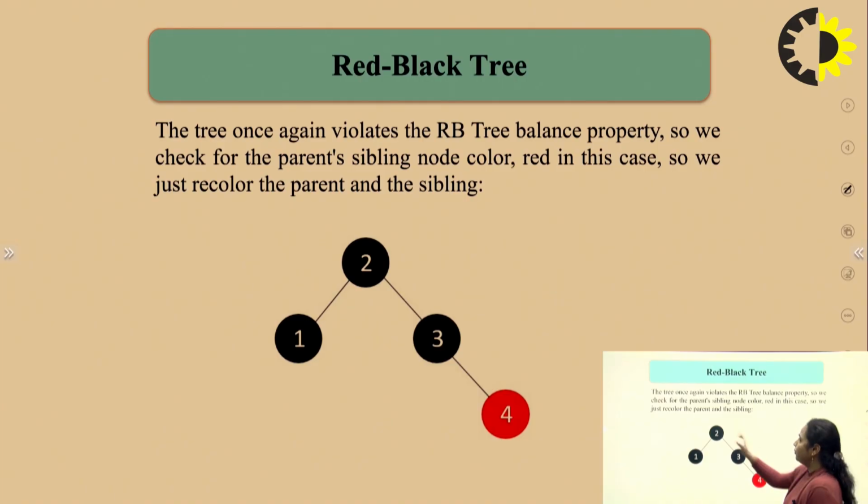So your tree will look like this. Parent and sibling are recolored to black from red, and grandparent will first convert to red, but in this particular case, as grandparent is the root node, it is further converted to black color.